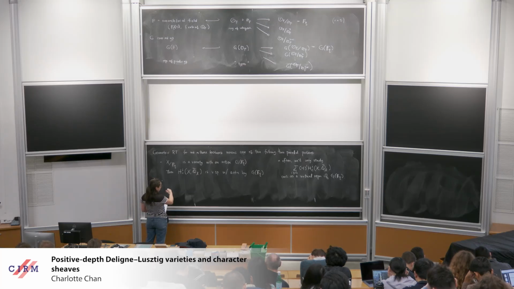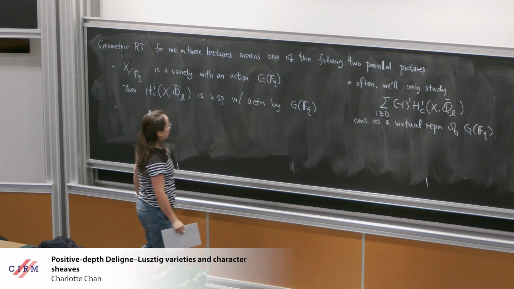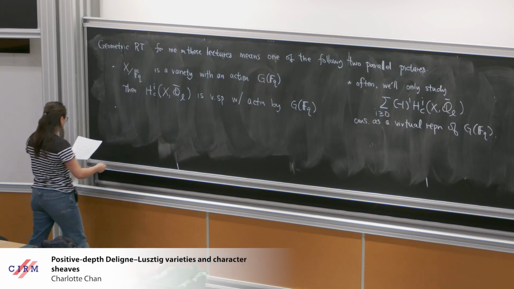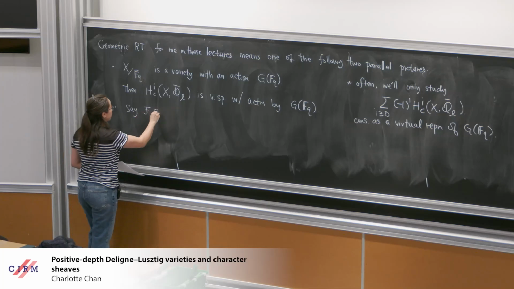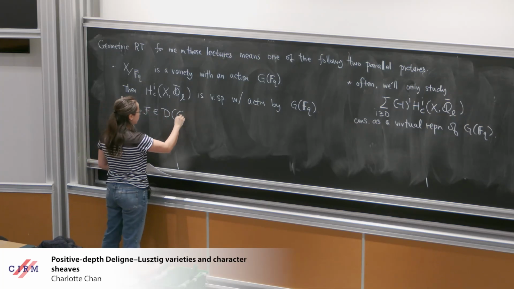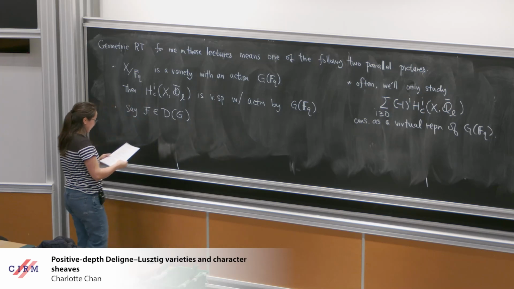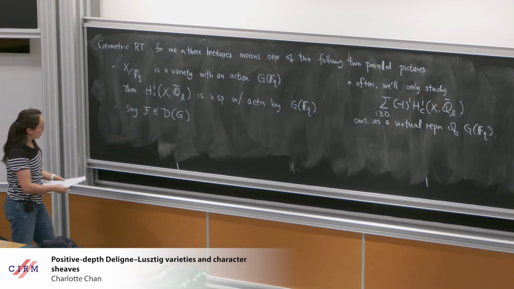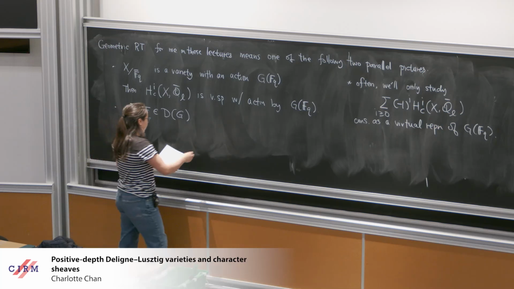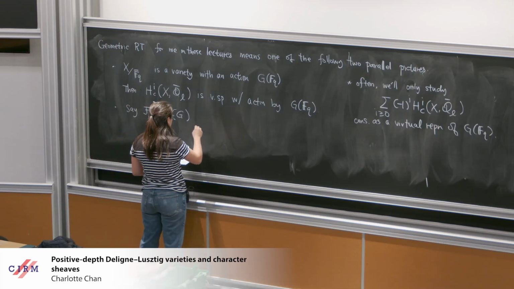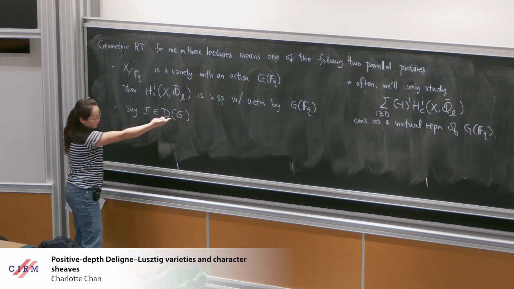So now suppose that instead I focus on G, which is this thing defined over FQ. So say F is an object in the derived category. So say, okay, it's represented by a complex of constructible QL bar sheaves, and assume that it's on G where G is defined over FQ.